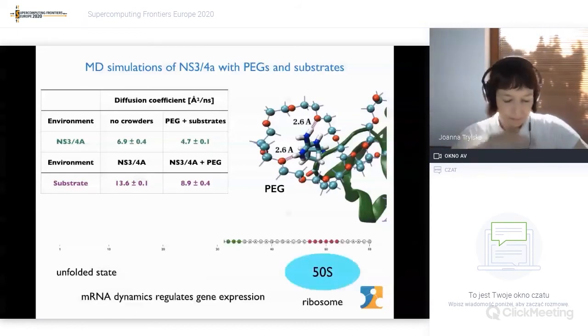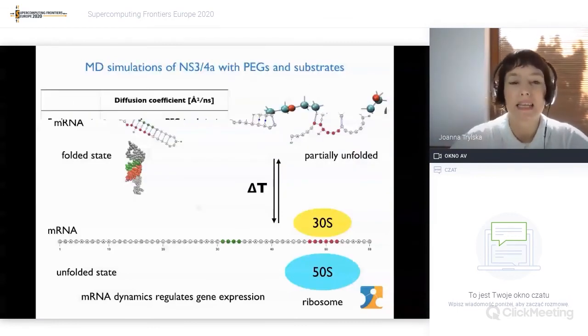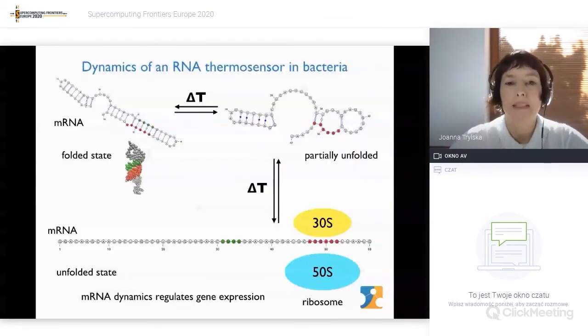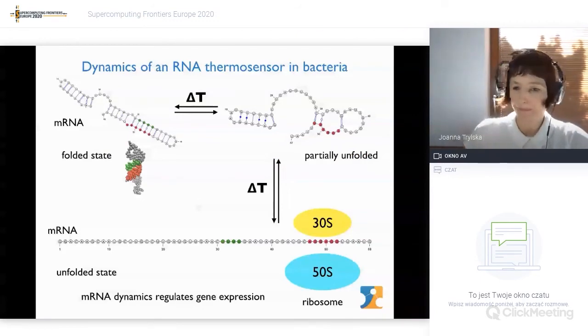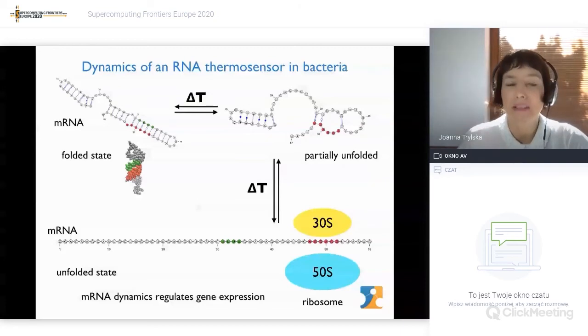It's a dynamics not of a protein, but RNA, small fragment of an RNA. And this is a fragment of messenger RNA that nature put in non-coding regions in some bacteria to regulate the expression of heat shock proteins.